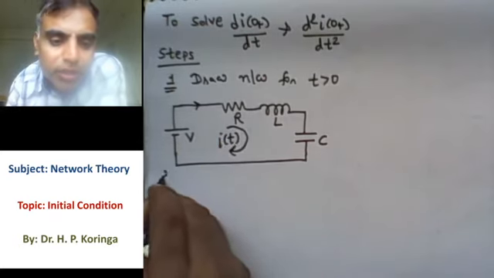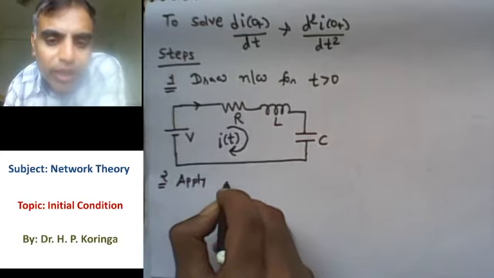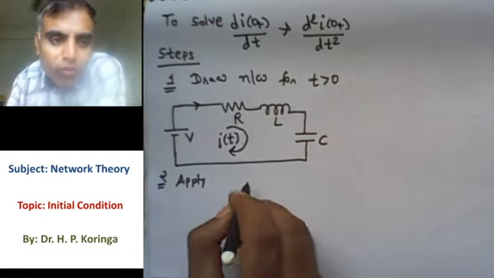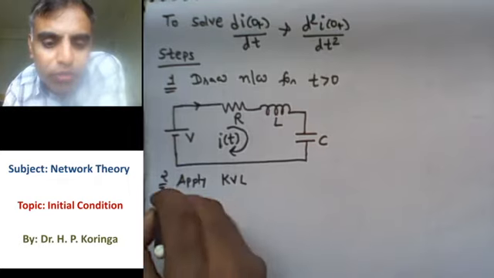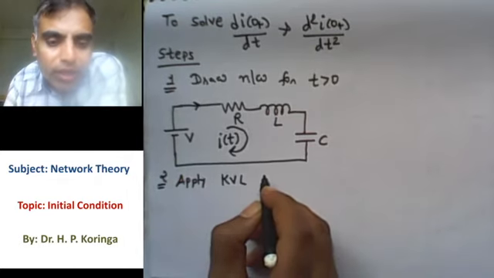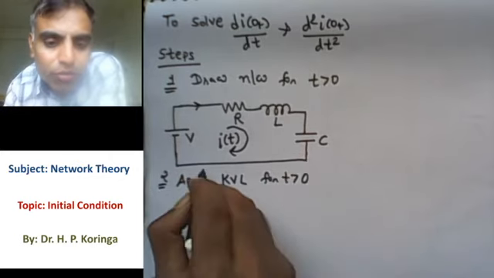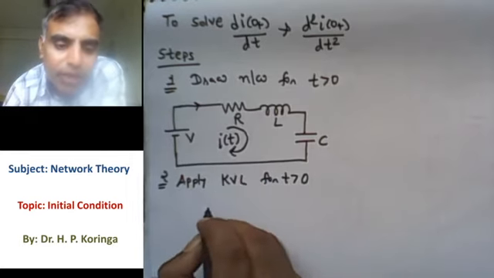Then the next step is to apply KVL or KCL as per what we want to find out. Here we want to find out the current, so we have to apply KVL for the network for t greater than 0. So let me apply KVL.